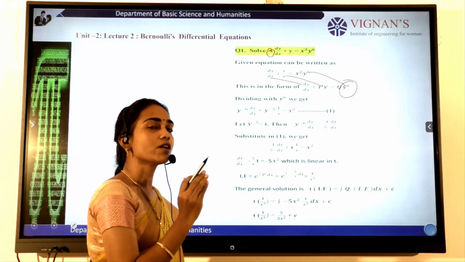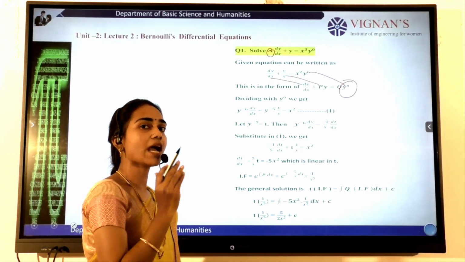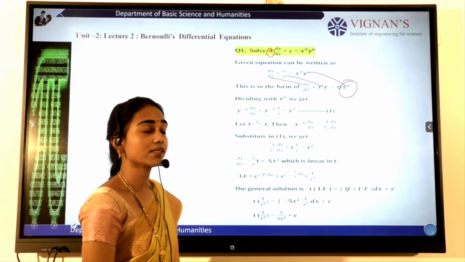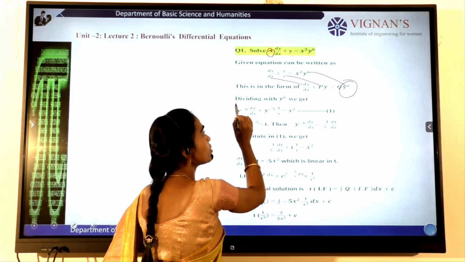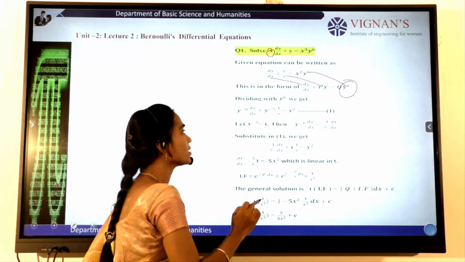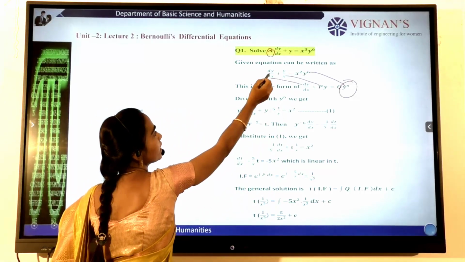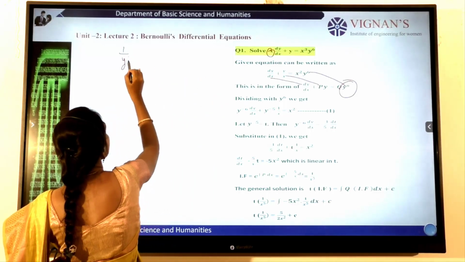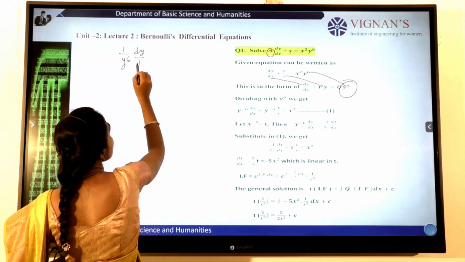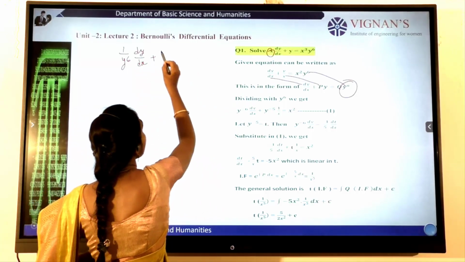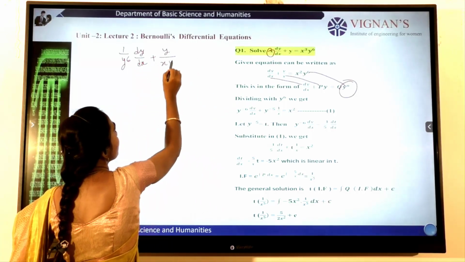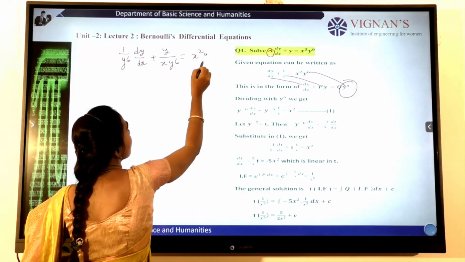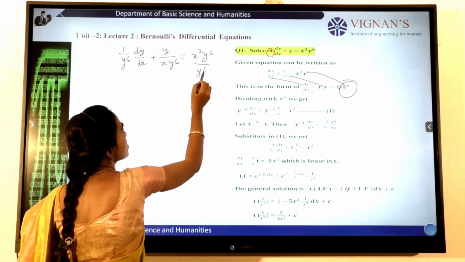What is the working procedure of Bernoulli's equation? We have to divide the entire equation with the extra term on the right hand side, which is y power 6. So if we divide the equation with y power 6, we get 1 by y power 6 dy by dx plus y by x into y power 6 is equal to x square into y power 6 by y power 6.